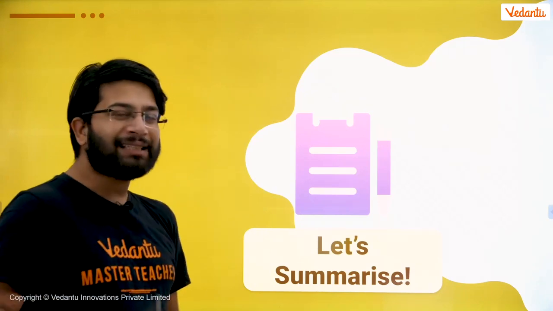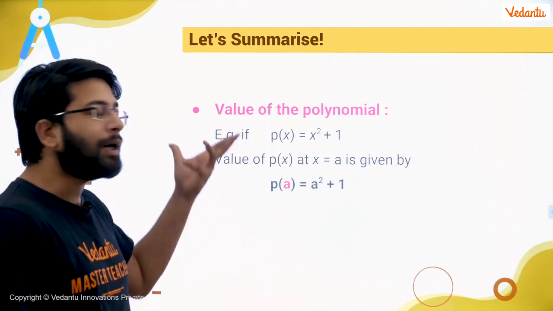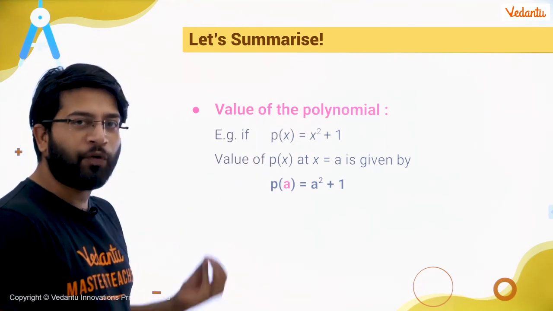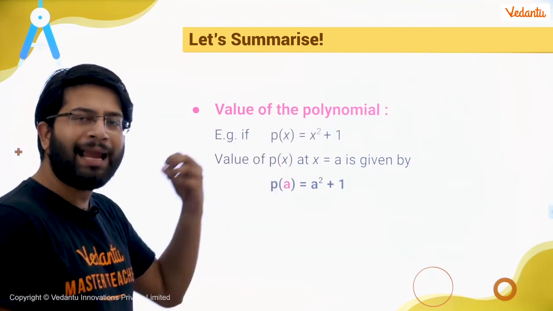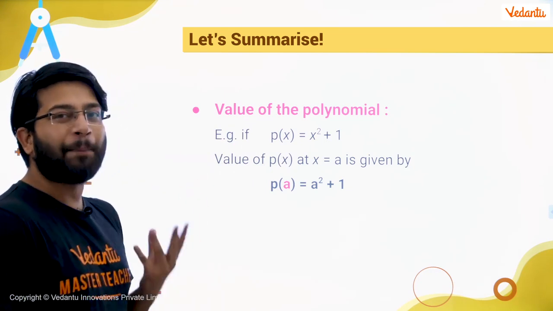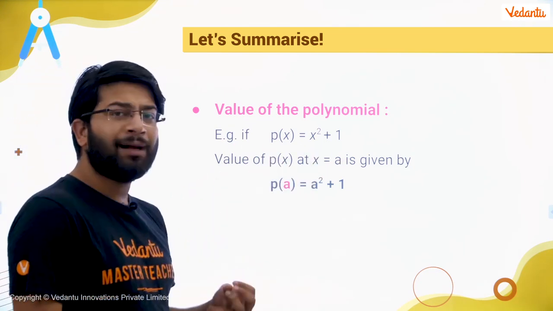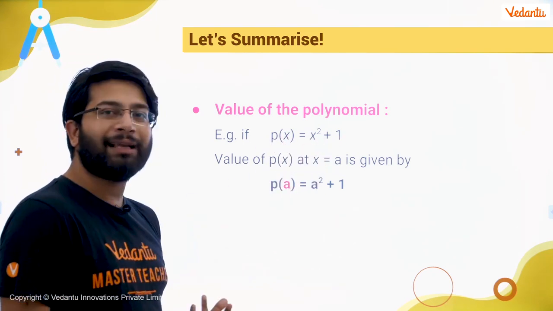Okay, so let's summarize our class. In this class, we have learned what is the value of a polynomial and how to find it. For example, if I have a polynomial x square plus 1 and I want to find the value of the polynomial at x equal to a, simply replace x with a in the given polynomial.